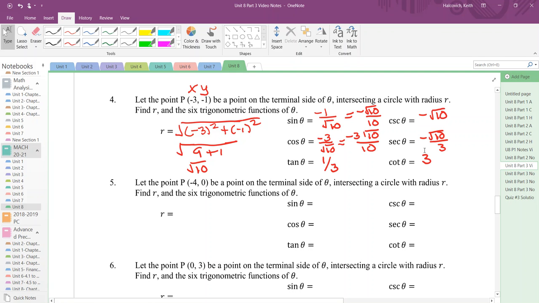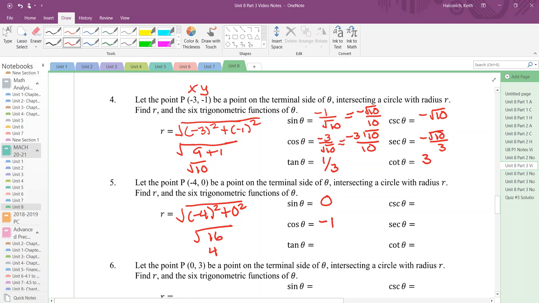All right, so this would be the same thing for number 5. For number 5, notice that when we do the square root, we get negative 4 squared plus 0 squared. So we get the square root of 16, which is 4. So then you're getting 0 over 4, which is 0.